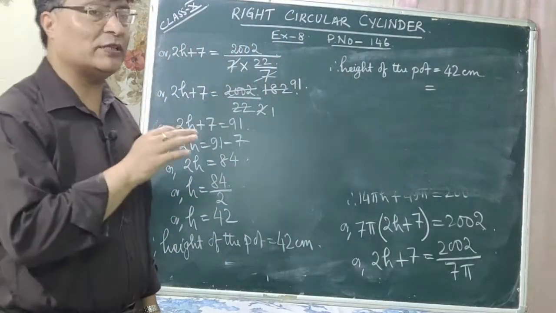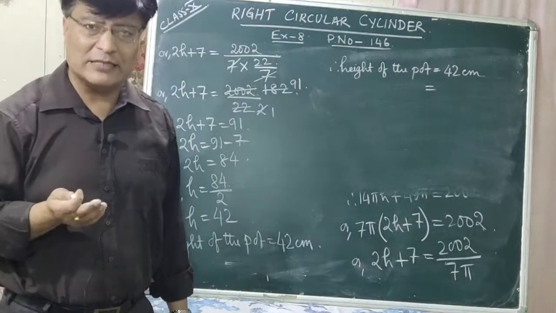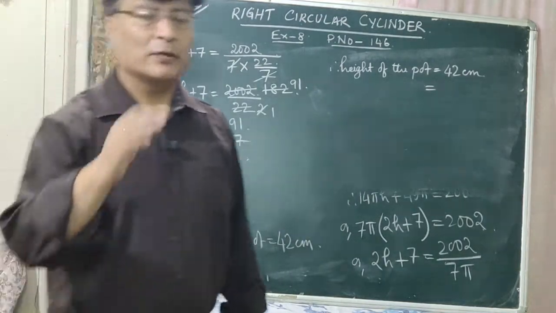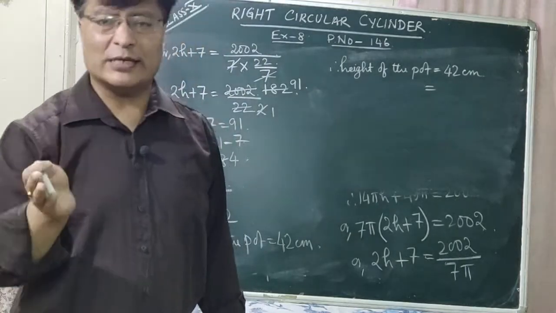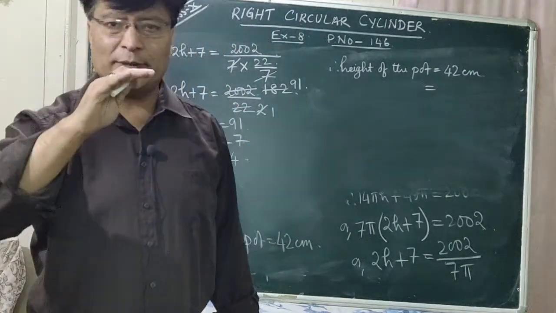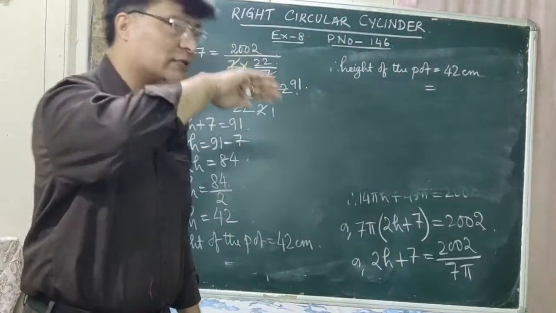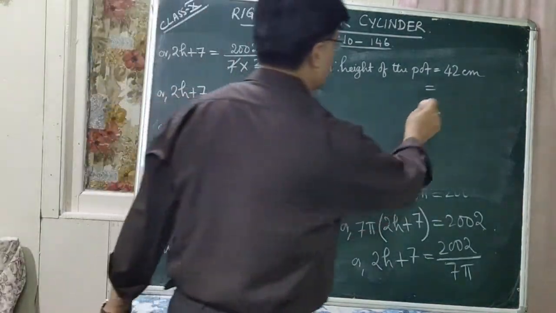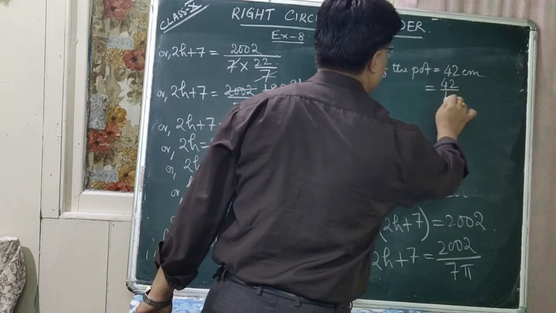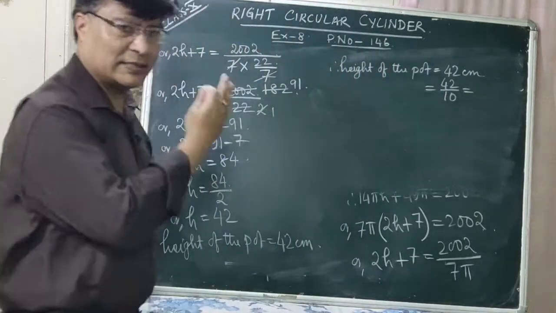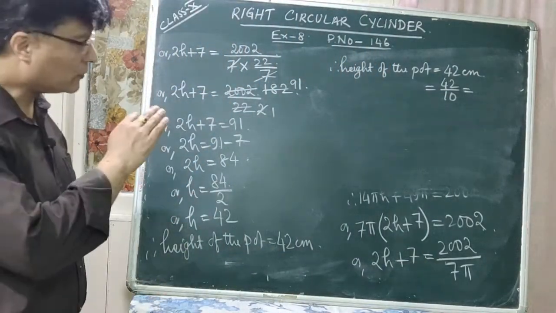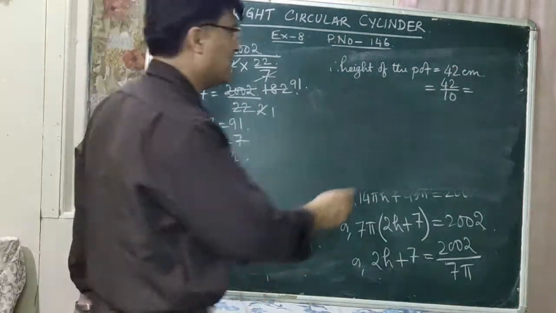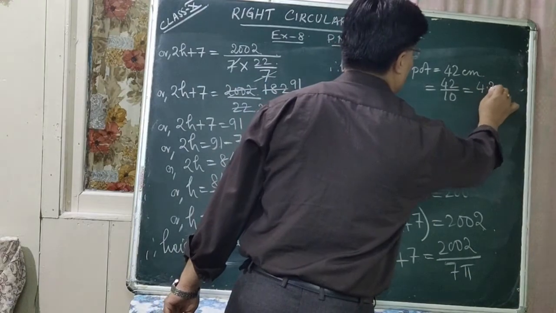Since you have to find out the volume of water in terms of liters, let's convert this centimeter into decimeter. Okay? In order to convert centimeter into decimeter, decimeter is a slightly bigger unit than centimeter, so when converting to a bigger unit we divide. How much do we divide by? We divide by 10. That is 42 divided by 10 is equal to, dividing by 10 is easy. If there is one 0 after the 1, move the decimal one place. That is 4.2 decimeter.